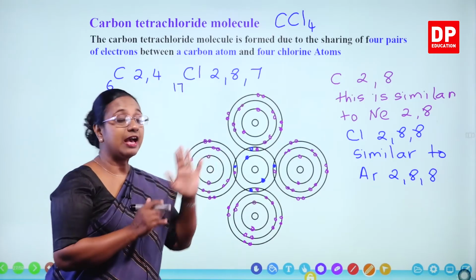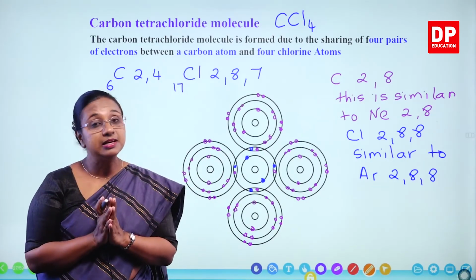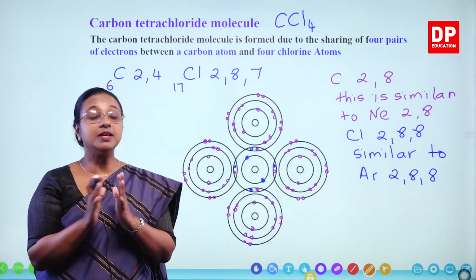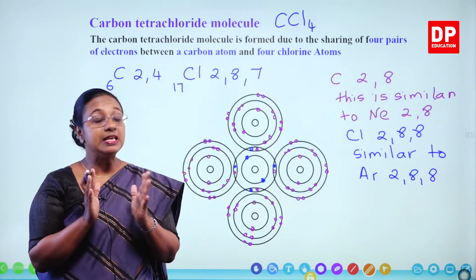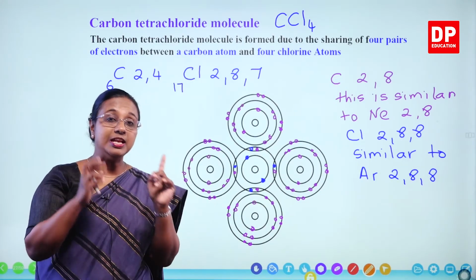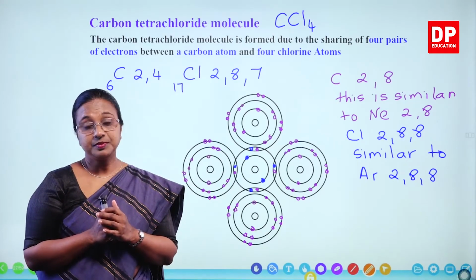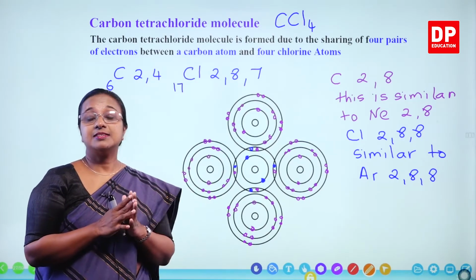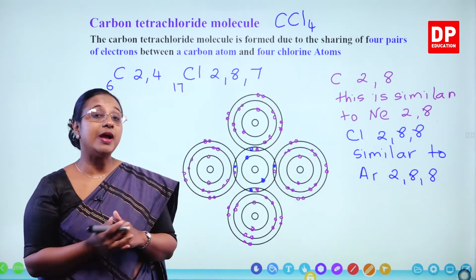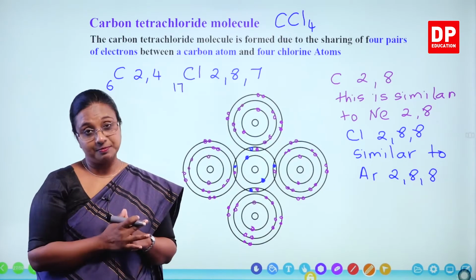So far, we have discussed all single bonds because all the bonds between the atoms of the molecule were single bonds. Just 1 pair of electrons shared between 2 atoms. And under that, we discussed some homoatomic molecules which are elements and heteroatomic molecules that are compounds.